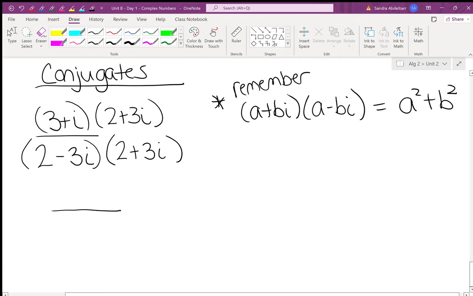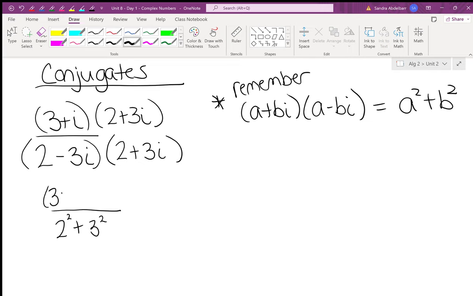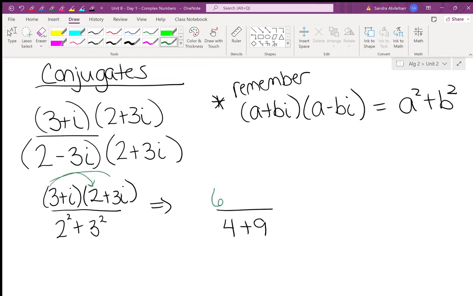So we're going to have 2 squared plus 3 squared in our denominator, and we're going to have to FOIL out the numerator. So in my denominator, I'm 4 plus 9. In my numerator, I'm going to FOIL this out. So we are 6 plus 9i plus 2i plus 3i squared.